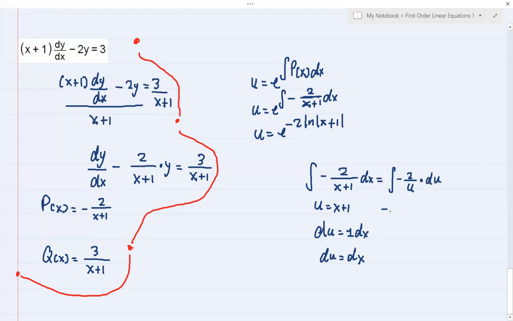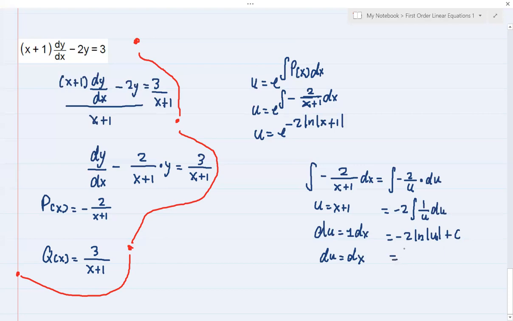Okay. Now, bring out negative 2, then get the integral of 1 all over u. So the integral of 1 all over u is simply ln of u, plus c.